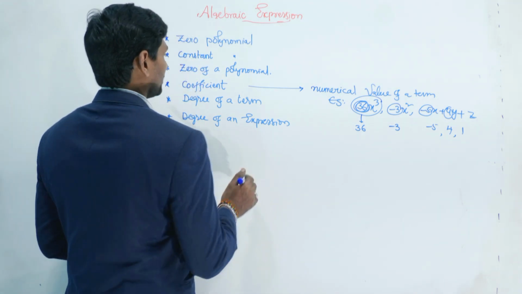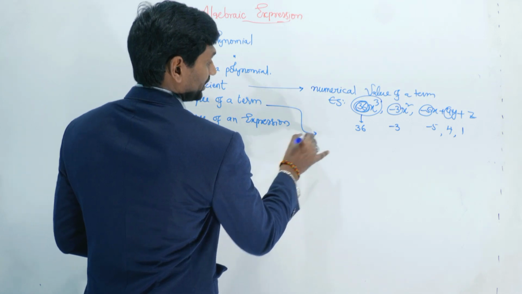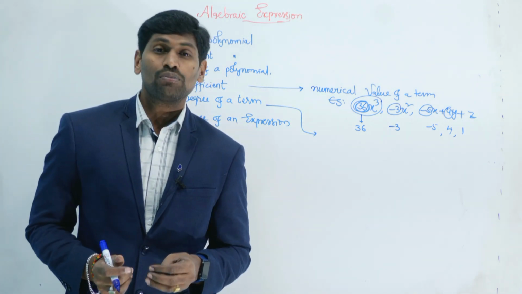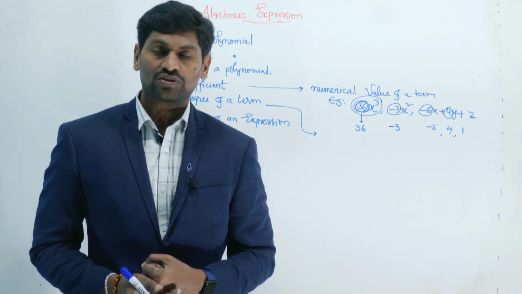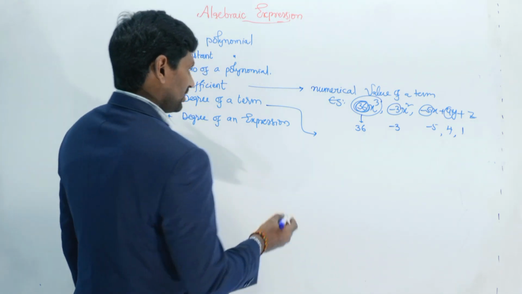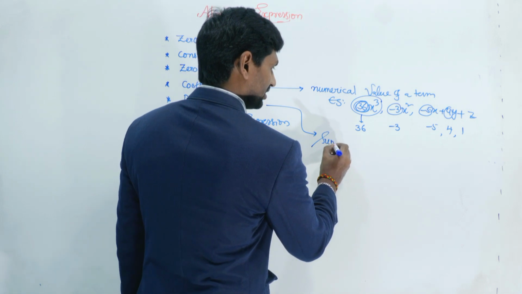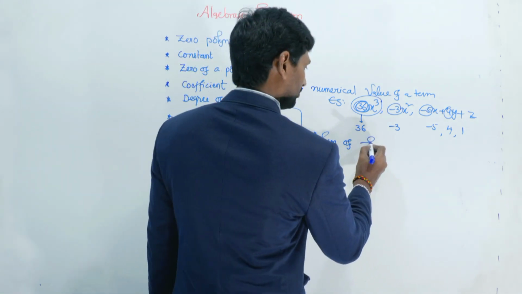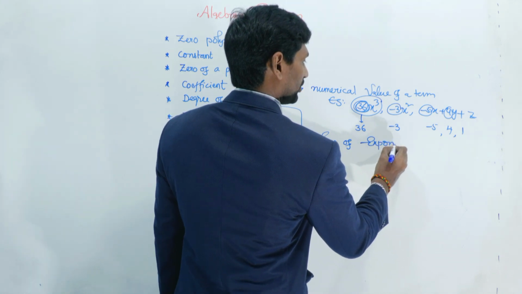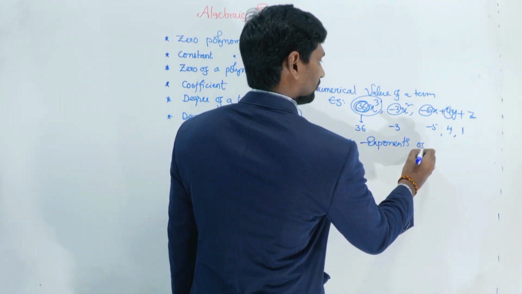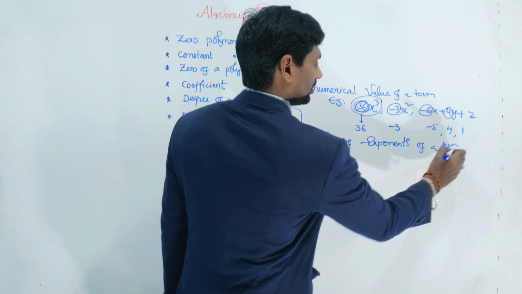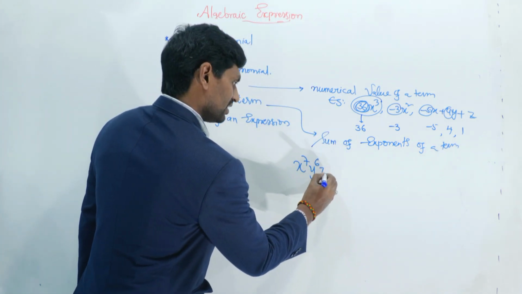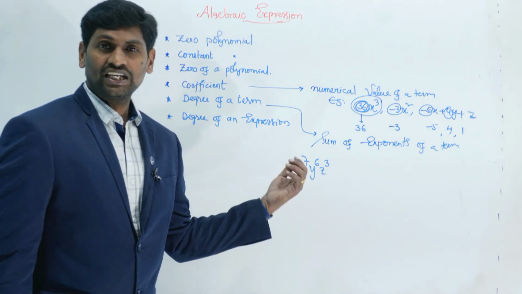Next, degree of a term. What is the degree of a term? The sum of the exponents of a term is called its degree. For example, I am taking x power 7, y power 6, z cube. This is a single term.